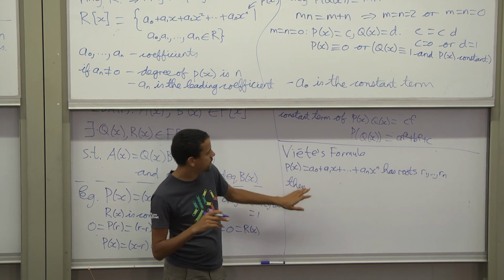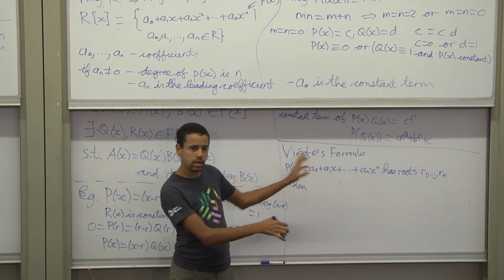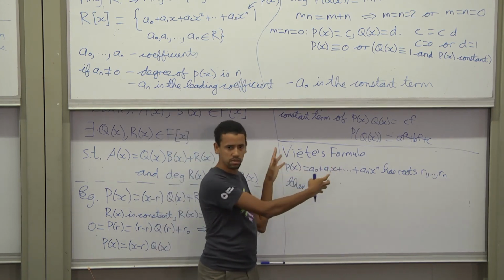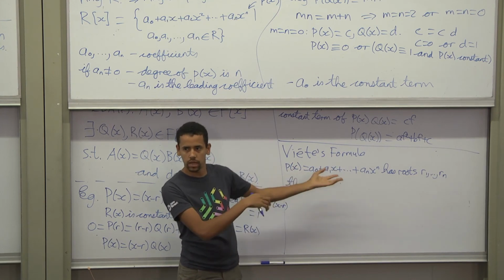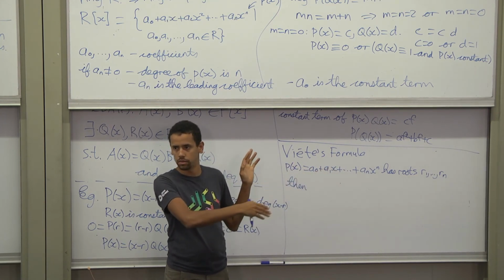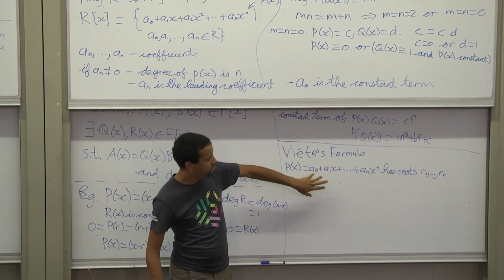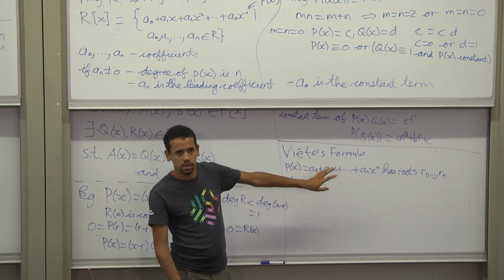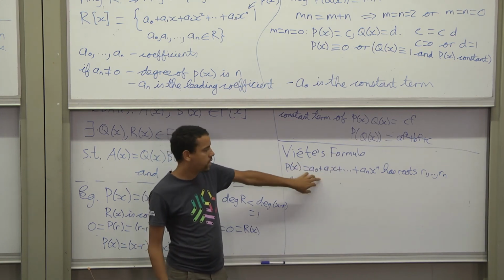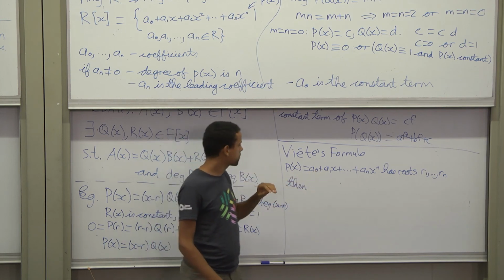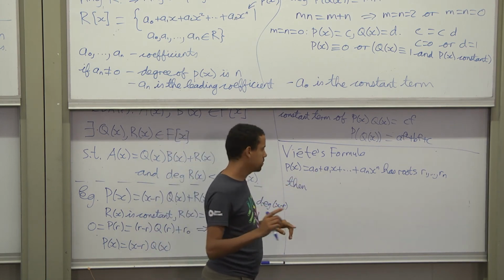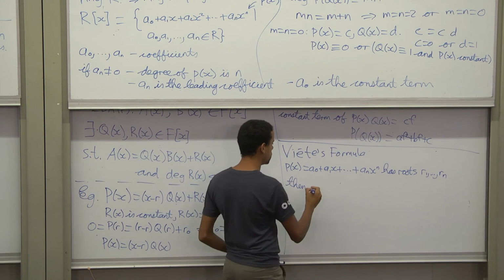Then I can actually get information about the roots without actually factorizing this polynomial, without actually solving for x equals 0 and getting all the roots. Especially if P has high degree, it's going to be basically impossible to find all the roots of it. But I can write down some information about the roots.